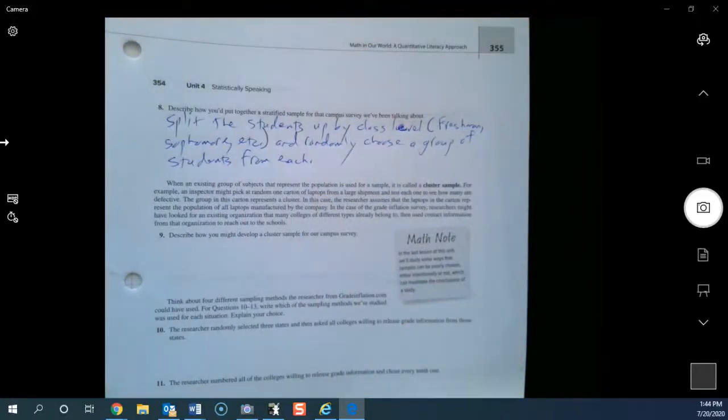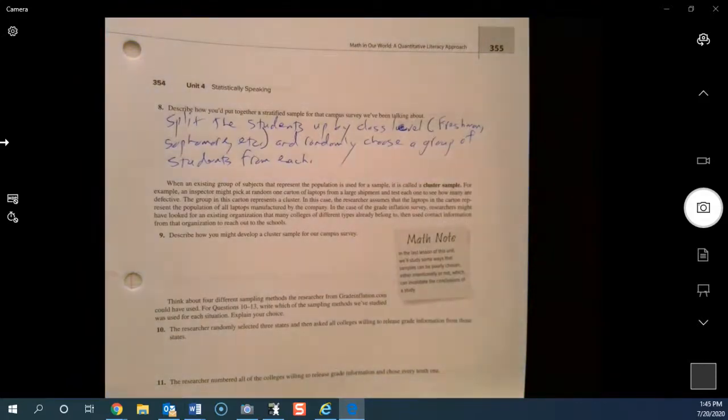It says when an existing group of subjects that represent the population is used for a sample, it is called a cluster sample. For example, an inspector might pick at random 1 carton of laptops from a large shipment and test each one to see how many are defective. The group in this carton represents a cluster.